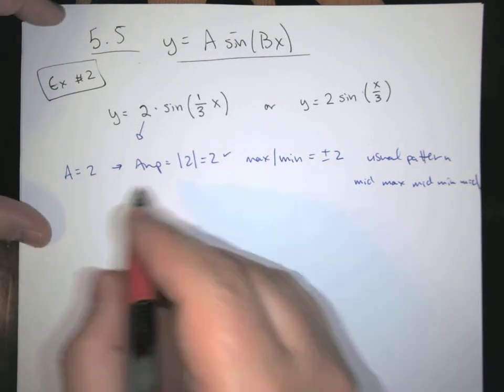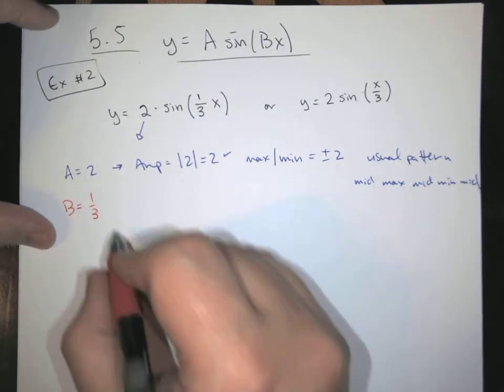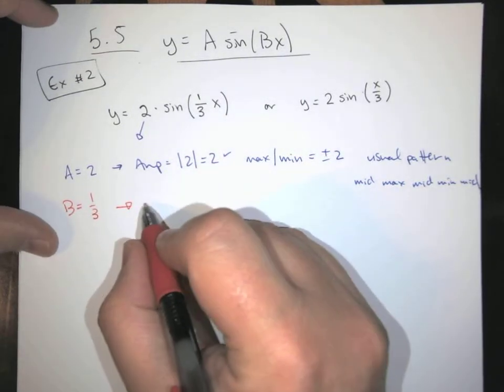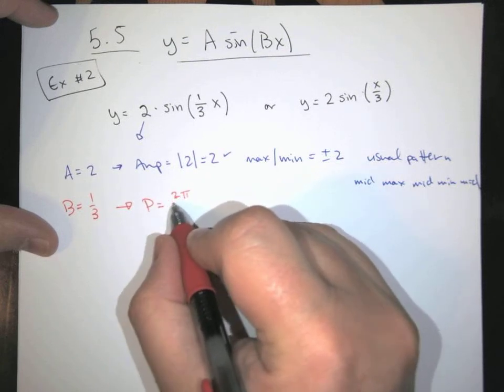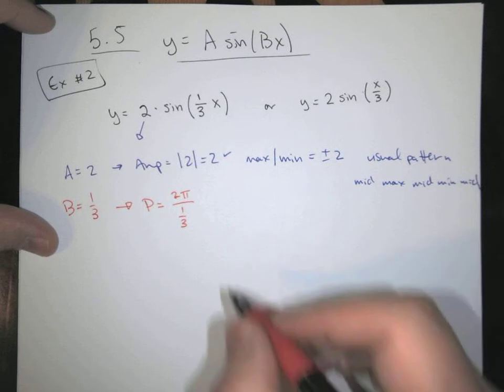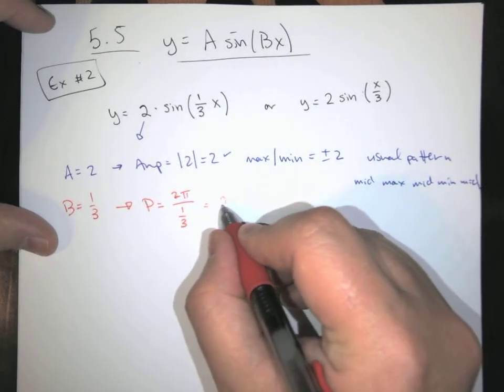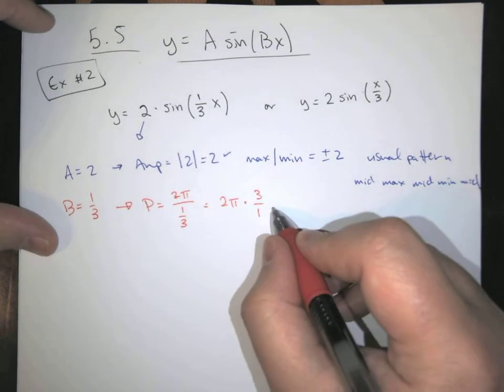So the new action here is dealing more with the b. If my b value is 1/3, what happens here? Well, my cycle length should be 2 pi divided by 1/3. Now if I divide by a fraction, I'm actually flipping and multiplying, so this is 2 pi times 3/1.